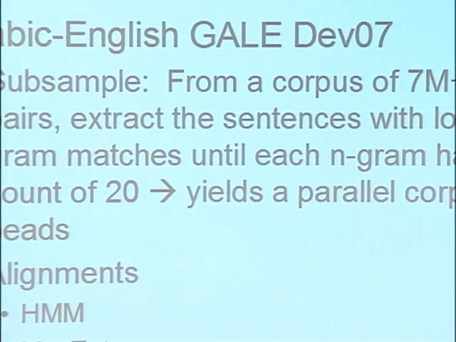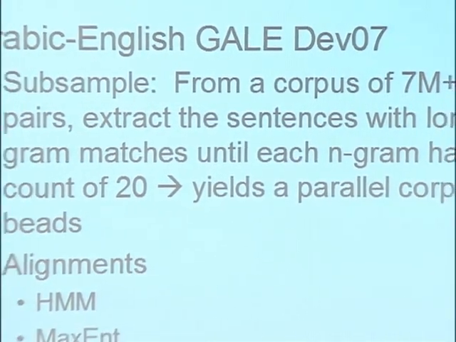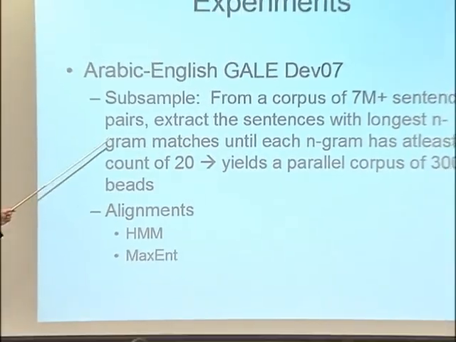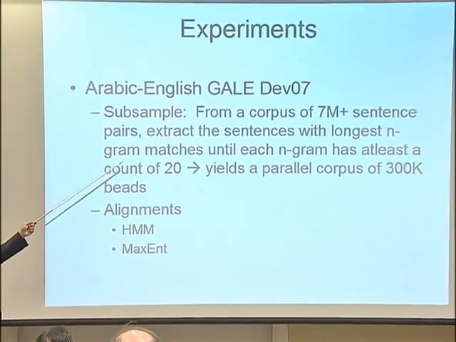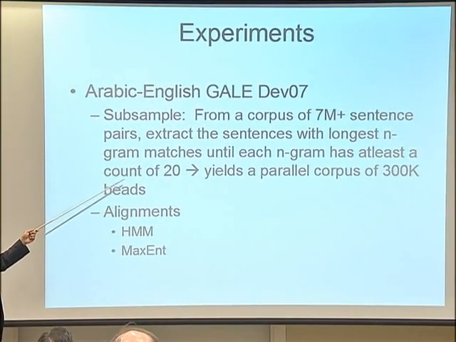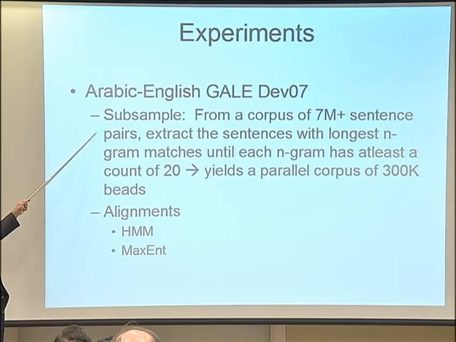Okay, so some experiments. I'm going to report on the Arabic-English Gale Devo 7 data. It's something that's recent. The paper actually talks about MT06 and MT05 and so on, so you can refer to that. What we do is from our parallel corpus of 7 million sentences, we produce a subsample, by which we mean just sentences that look close to our test sentences.